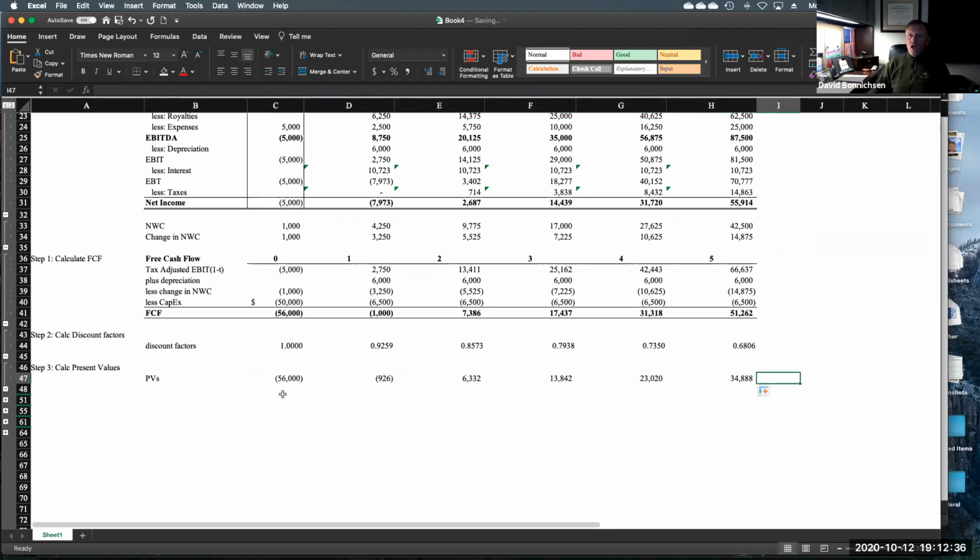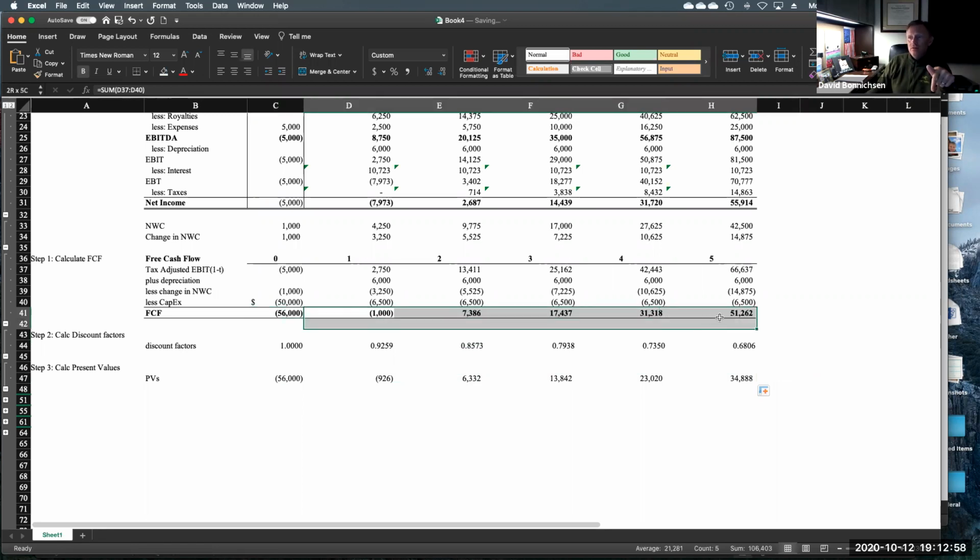Now we've got every single period discounted back into today's dollars so that we can compare the present value of those future streams of cash flows to how much money we've got to shell out today in order to generate those cash flow streams.